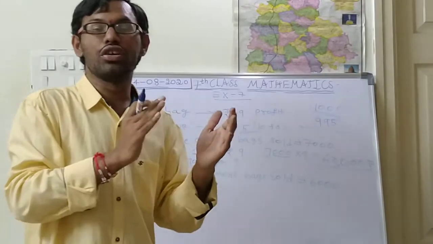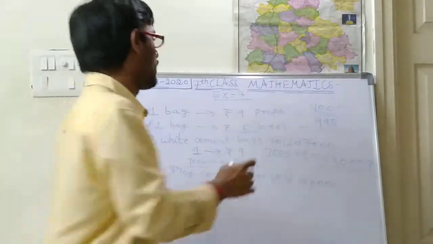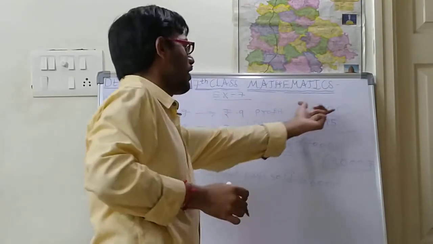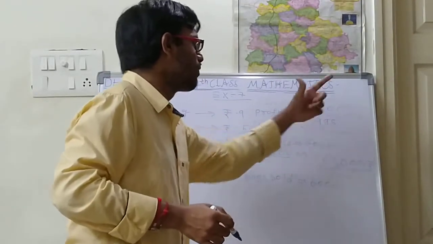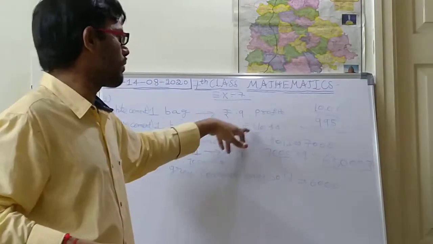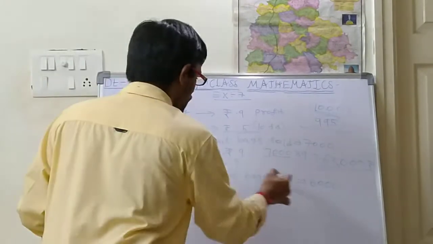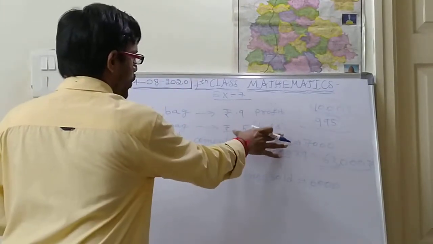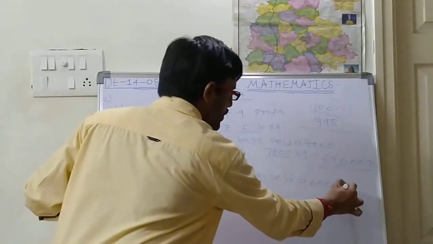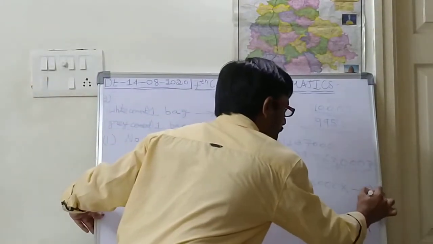Out of 5 rupees you sold for 2 rupees, so 5 minus 2 is 3. Here it is the same. From 1,000 you have to subtract 5 rupees. That means 1,000 minus 5 is 995. So whatever the loss is, you should consider it as a negative number. So 6,000 into minus 5.